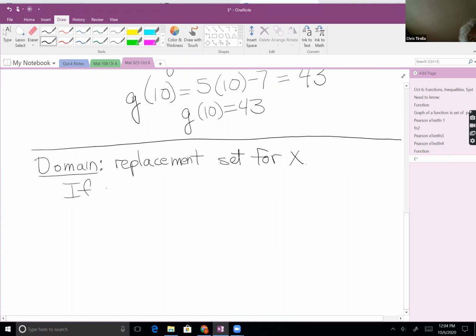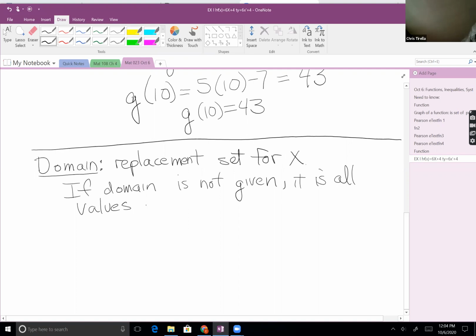If we're not told what to use for the domain, so if the domain is not given, it's going to be all numbers for which the expression is defined.